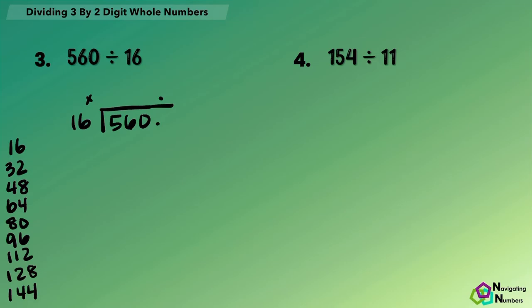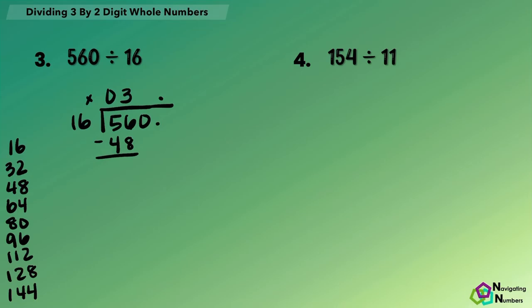Okay, so we have 16 goes into 5 0 times. 16 goes into 56 once, twice, 3 times. It only goes in 3 times. Times 3 would be 48. Remember, we're trying to get as close to the number as possible without going over. We have 6 minus 8. Can't do that.